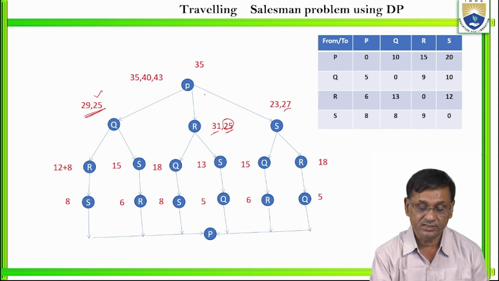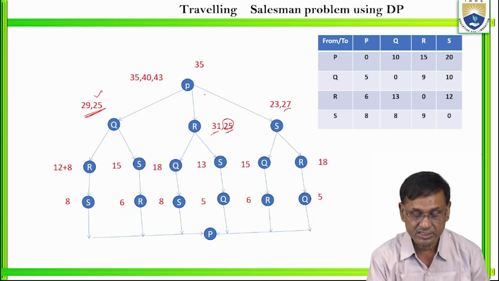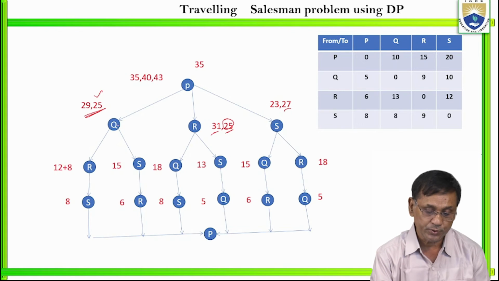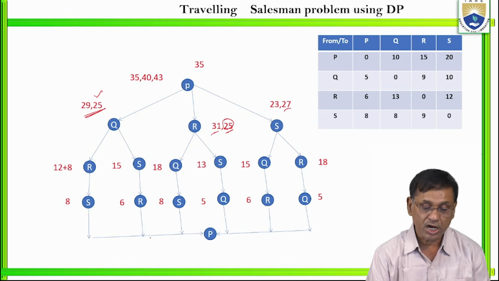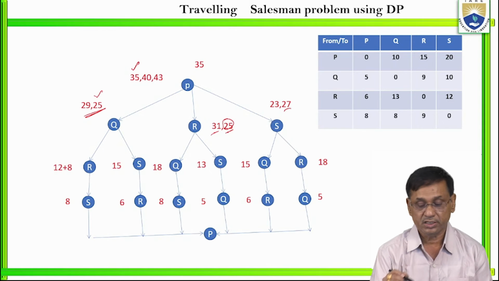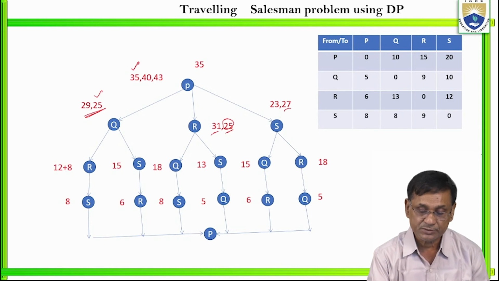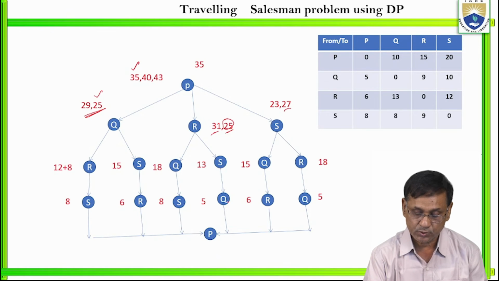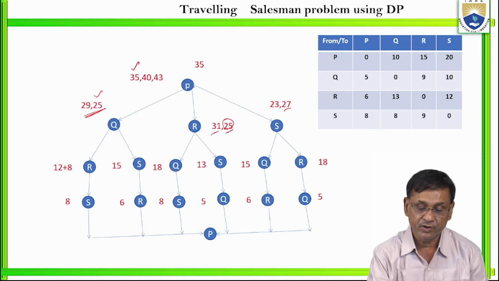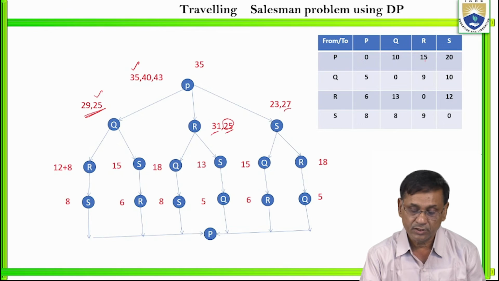So after calculating the distances, suppose the salesman goes from P to Q, Q to S, S to R, R to P, the cost is 25 and P to Q is 10, so this cost is 35. Suppose the salesman goes from P to R, R to S, S to Q, Q to P is 25 and P to R is 15.